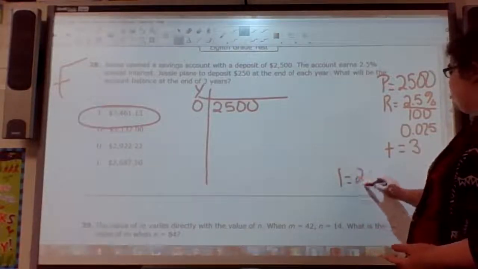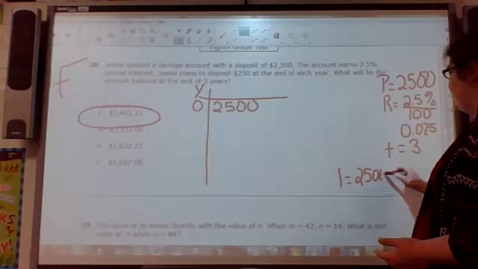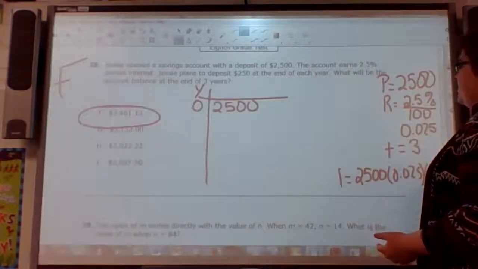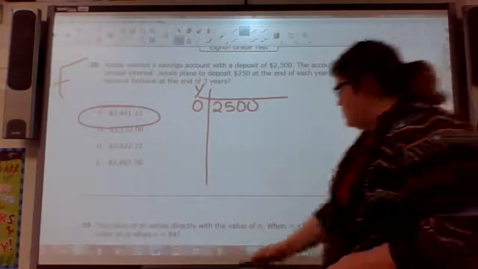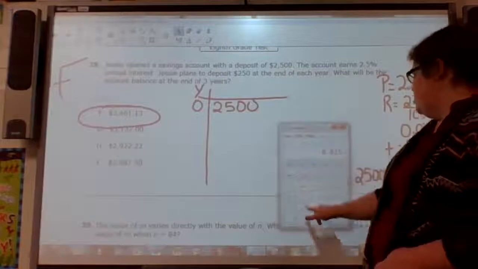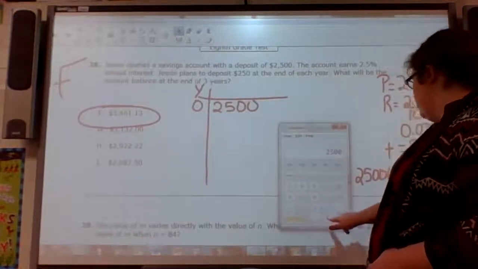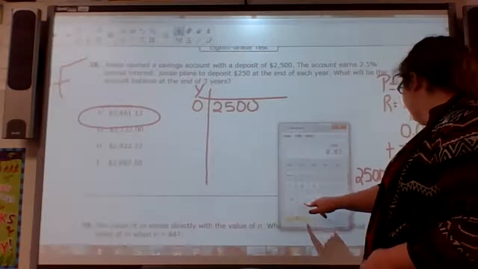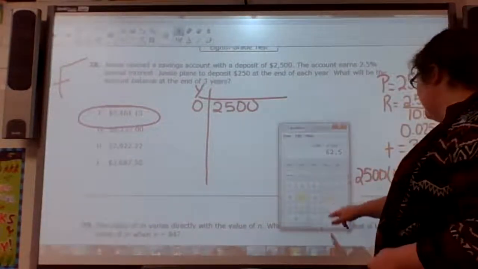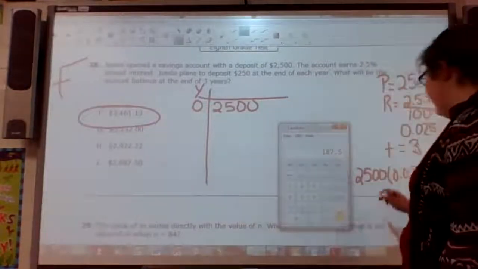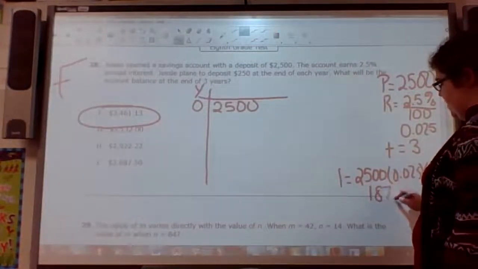So I is 2,500 times 0.025 times 3. $2,500 times 0.025 times 3 is $187.50.